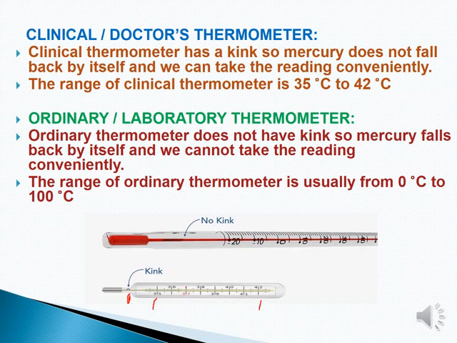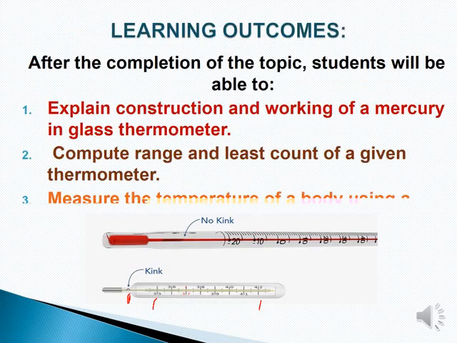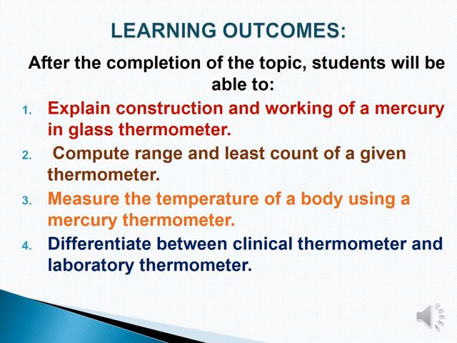The range of the ordinary thermometer is usually from 0 degrees Celsius to 100 degrees Celsius, and in some cases its range may be from minus 10 degrees Celsius to 110 degrees Celsius. Students, now the fourth learning outcome is achieved. Now you are able to differentiate between a clinical thermometer and a laboratory thermometer.